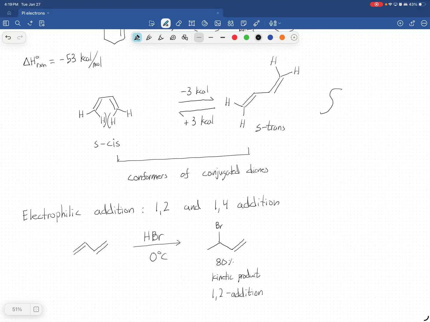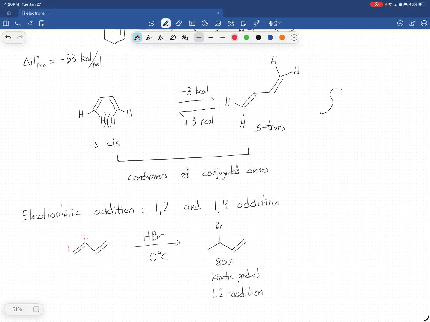Because what two carbons did I add HBr to? Which carbon numbers did I add HBr? Was it carbon 3 or carbon 4? It was these two carbons, right? So let's just note that: carbon 1, carbon 2.